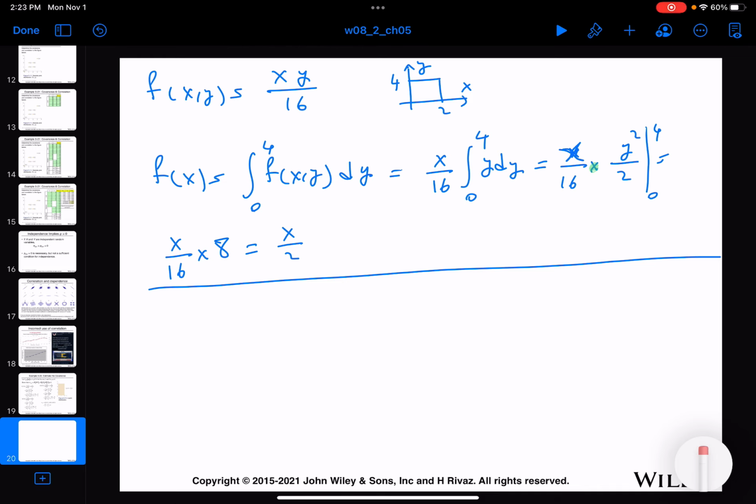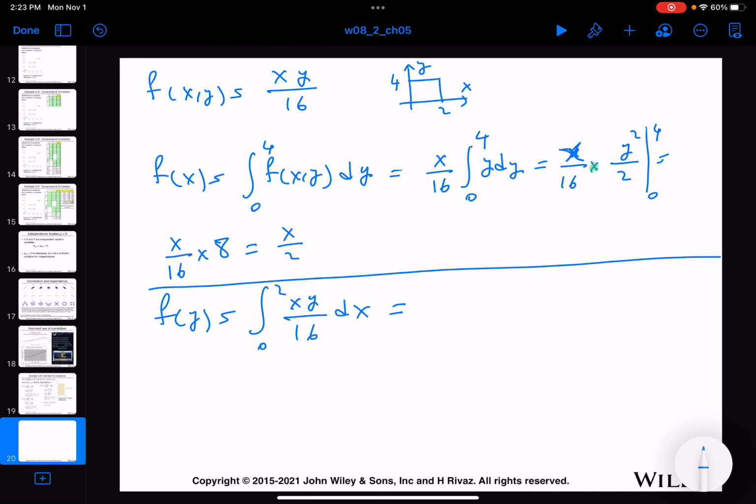And now f of y is going to be the integral from 0 to 2 of xy divided by 16 dx.